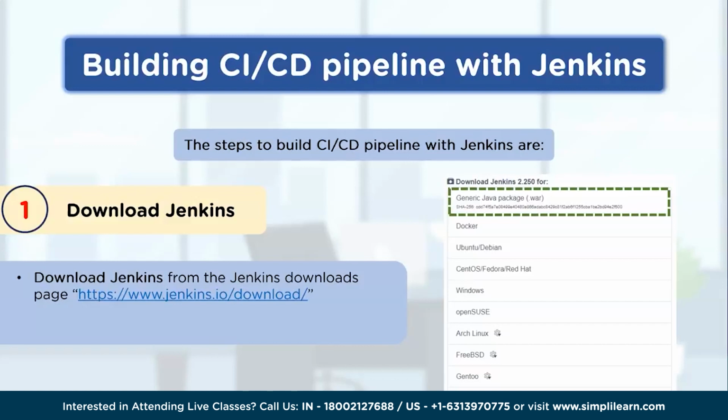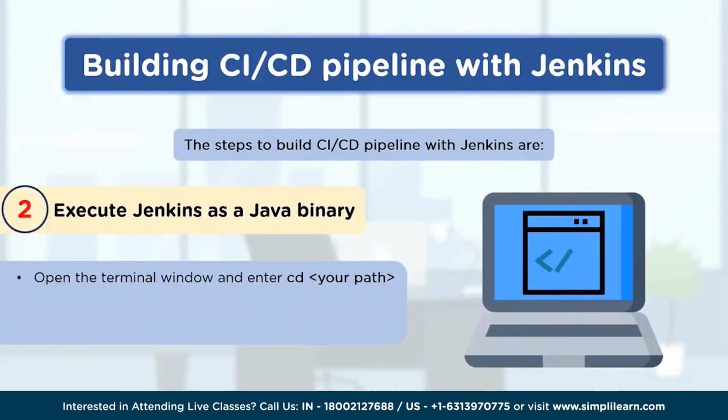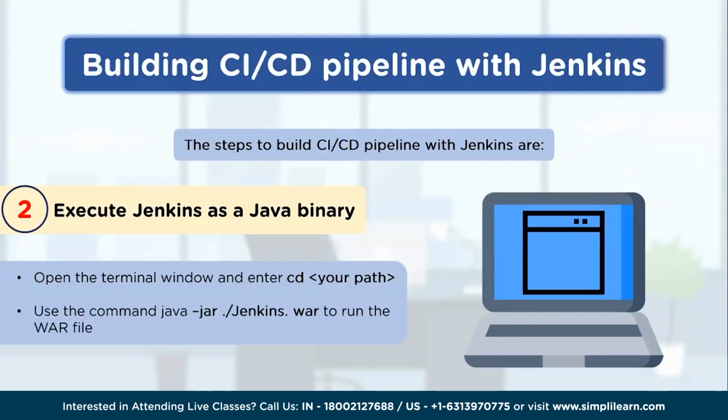So that's the very first thing to start with. You download the generic Java package like a war file, then you have to execute it. You download that into a specific folder, let's say you have created a folder called Jenkins. Now you go into that Jenkins folder with the cd command, and there you run the command java -jar jenkins.war. These are executable artifacts.